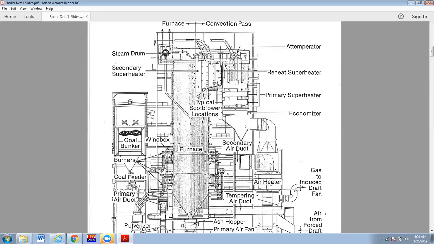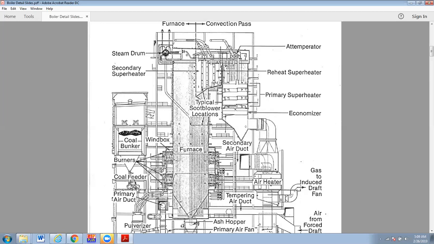It's a challenging environment to maintain thermocouples and temperature sensors, and most boilers have them. Sometimes they have a hard time keeping them in service, but it's a very good indicator. It's an FEGT, furnace exit gas temperature sensor. Okay, so that's going to measure the temperature into the secondary superheater.